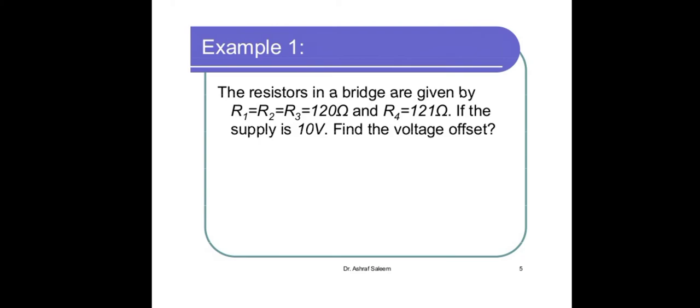If the supply voltage Vs is equal to 10 volt, then find the voltage offset, that is Vout is equal to V2 minus V1, which is equal to R3 upon R3 plus R4 minus R2 upon R1 plus R2, into Vs. By putting in the values of R1, R2, R3, R4 and Vs, take the calculations and solve this example.